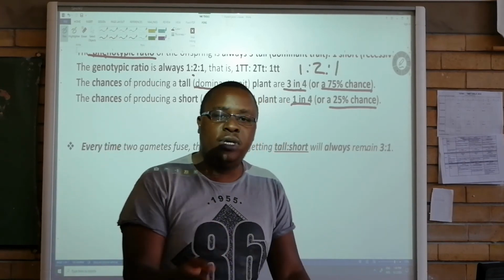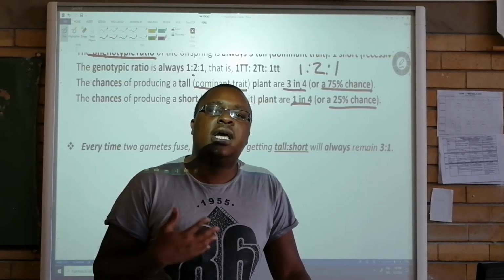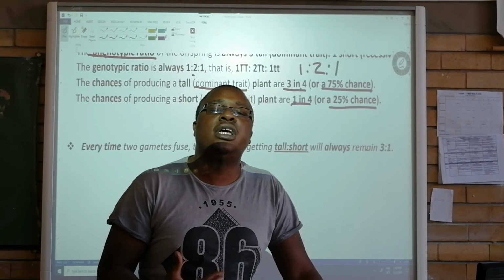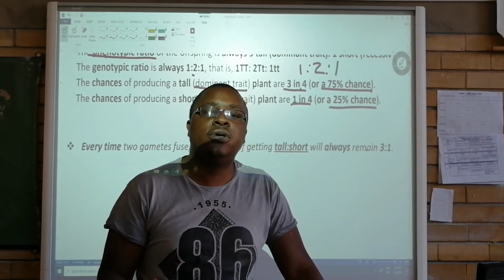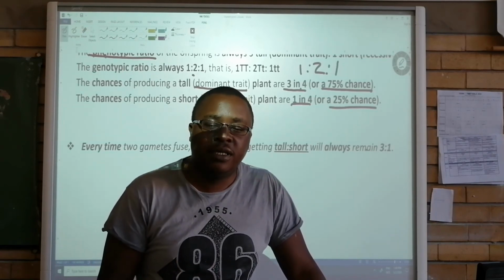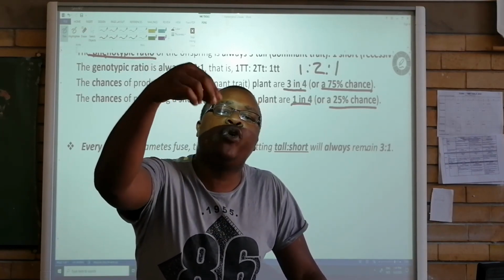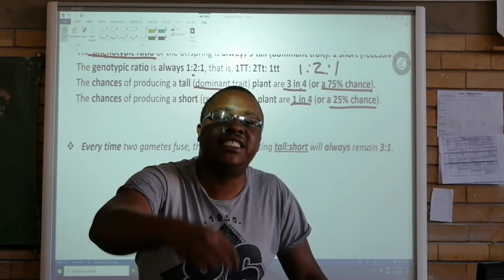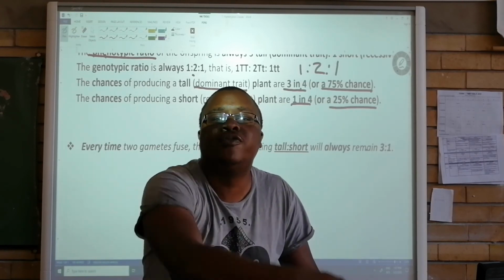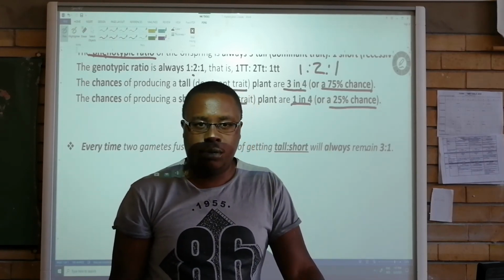If we're looking at human beings, the chances of me producing a male to a female is always 50-50. Every time I procreate, those chances never change because of the other kids I had before.